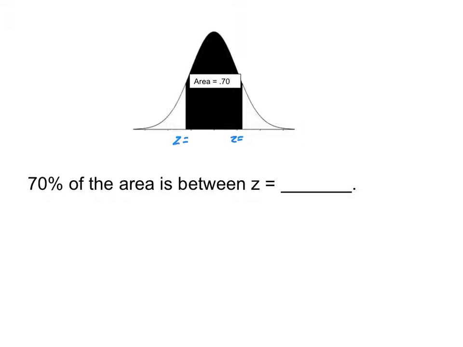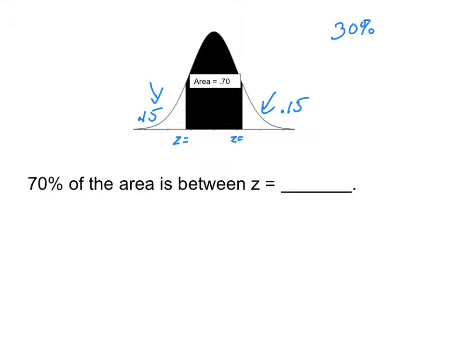First of all, the curve is symmetric. That means everything on the left matches or mirrors everything on the right. If 70% of my curve is in the middle, that means I have 30% of my curve in the white. But half is here and half is here. So that means the area here to the left is actually 15% or 0.15. The area to the right is 0.15.